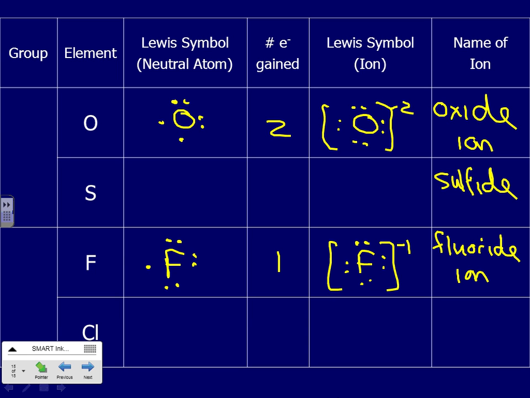Yep. You don't show anything. That's right. You would draw it, and you'd actually put electrons gained, 0, and Lewis symbol. I would just put a line through Na, not applicable. There is no ion. Name of ion, don't even bother with it. Yep, put a line through it. But you could draw the Lewis diagram for the noble gas.